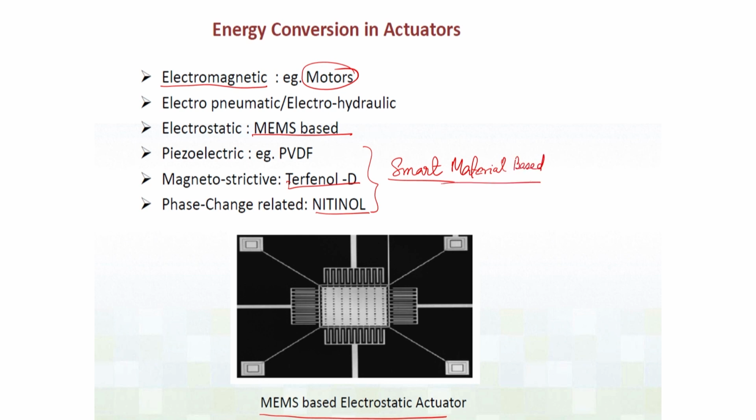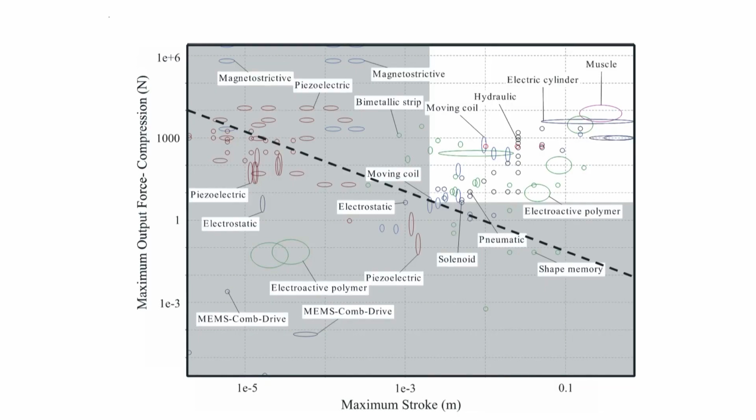Okay. Now, let us have a comparison of different types of actuators in terms of 2 important things. One is how much maximum stroke it can generate, and another is how much maximum output force it can generate, in Newton for the force and in meter for the stroke.